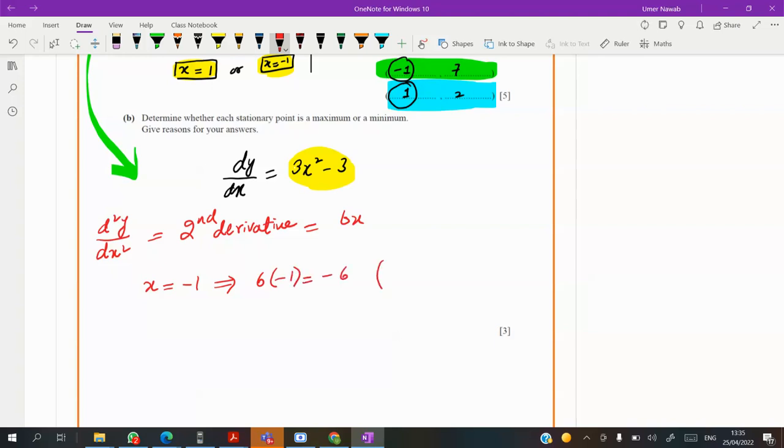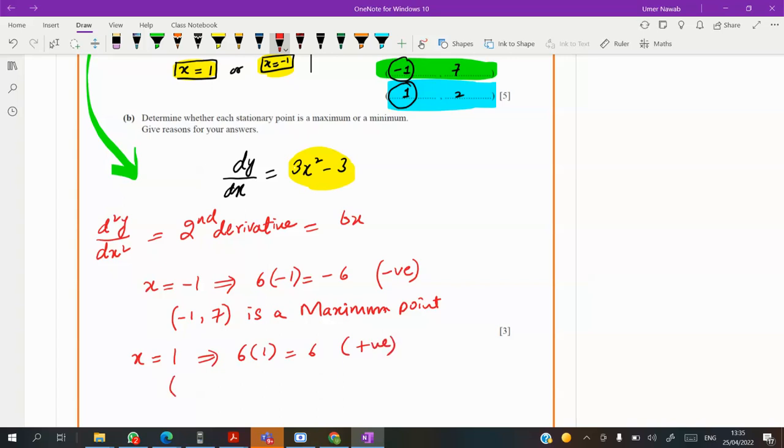So this shows that since it is a negative, your point minus 1, 7 is a maximum point, and x is equal to 1. When you substitute it into the second derivative, it's a positive. So I say 1, 2 is a minimum point. I hope it clears to you guys.